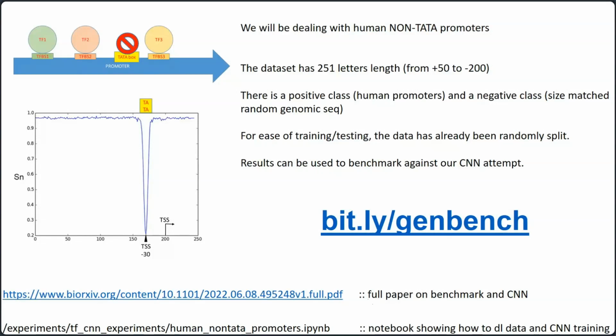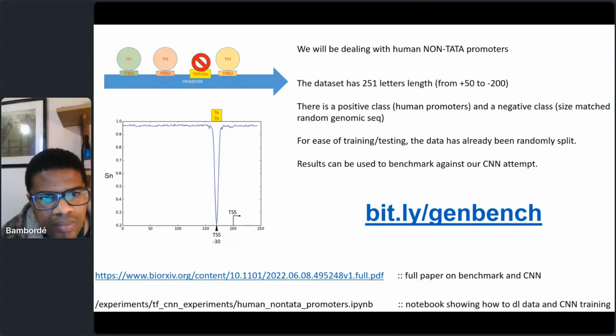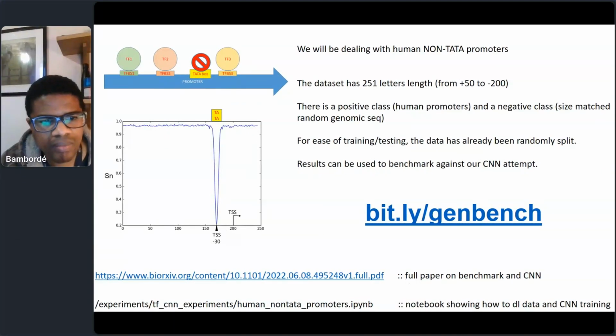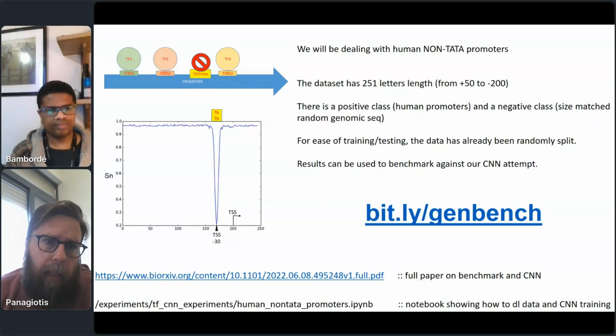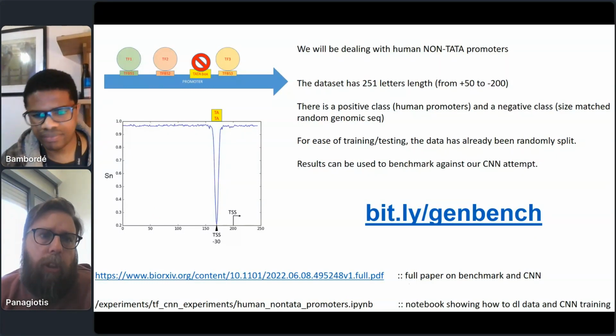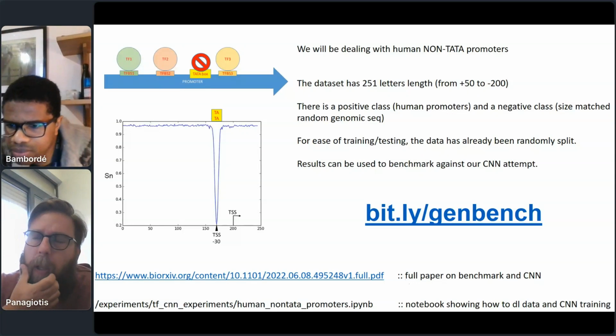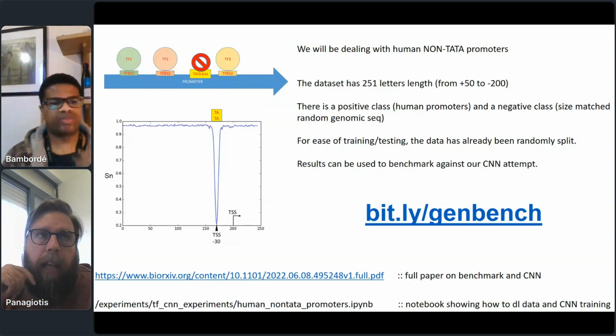Let me remember what we used. It's in the paper, but I think we used 3 convolutional layers and then a couple of fully connected layers. So it was not particularly deep in that sense, because there are models with hundreds of layers.